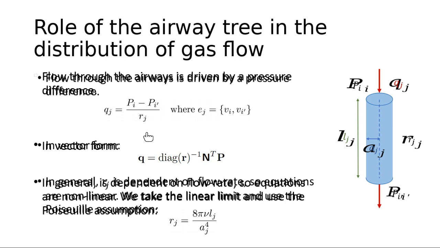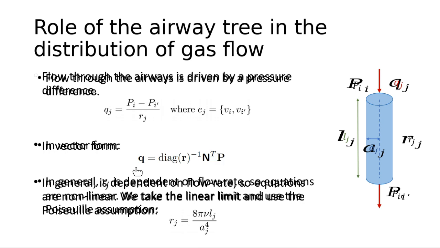But if we're thinking of normal tidal breathing, then you can still think of each airway as having some resistance, as long as the flow rate isn't changing a great deal, even if that resistance is non-linearly dependent on flow rate in reality. So for this simple case where we're thinking about graph theory operators, we treat this resistance relation as linear, and we use Poiseuille flow for convenience, but you could use a better assumption for the resistance of airways.